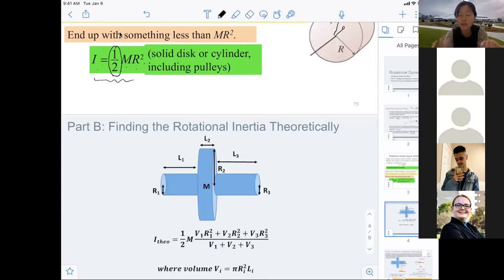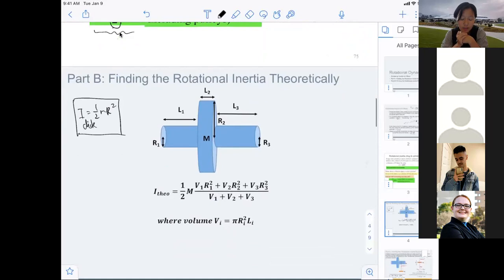I can tell you what the rotational inertia for the 3-part cylinder added together is, simply using the equation. So this is based on the theory for a disk. Okay, so that is our theoretical basis. And then we can find that experimentally. But first, let's talk about how you find it theoretically.